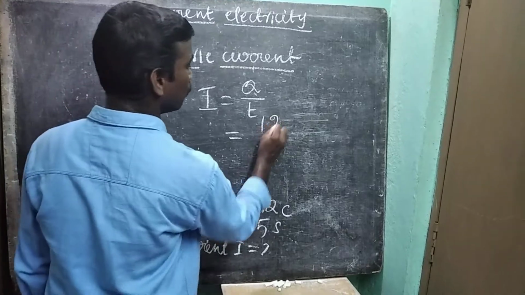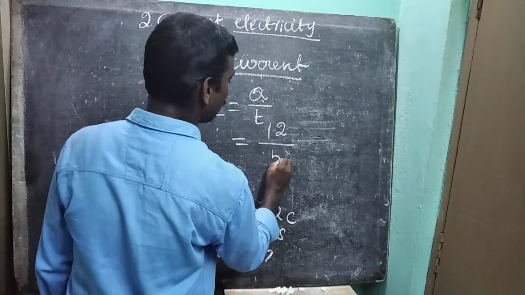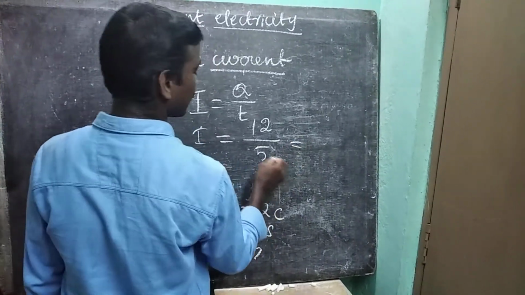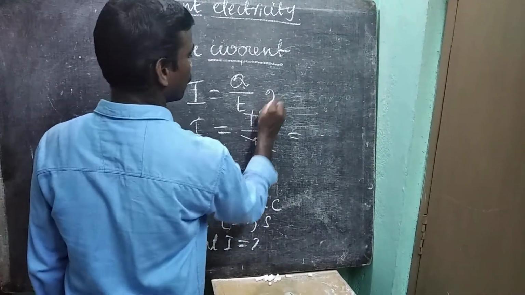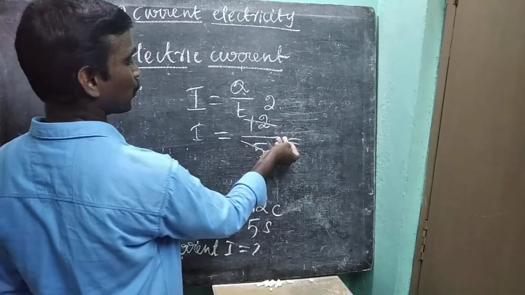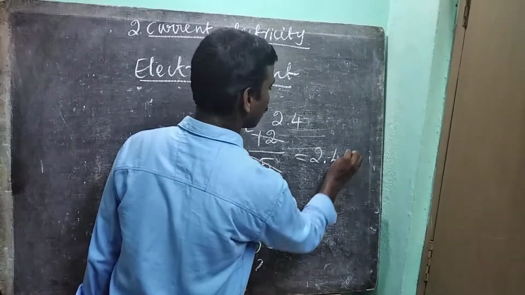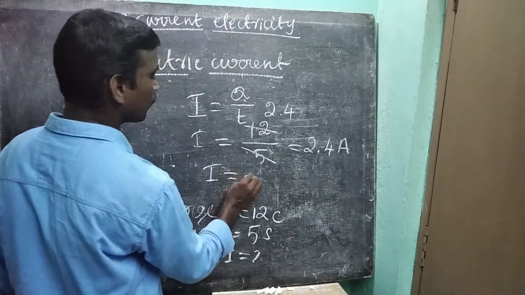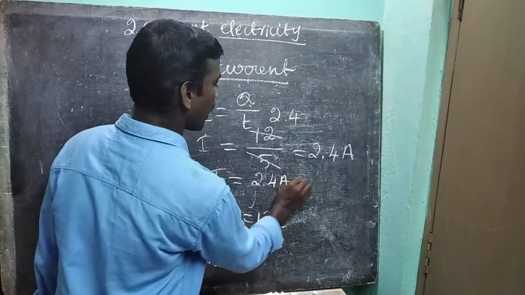Charge Q equals 12 coulomb, time T equals 5 seconds. So finding current: 2 fives are 10, 4 fives are 20. So 2.4 ampere. The amount of current flowing through the bulb is 2.4 ampere.